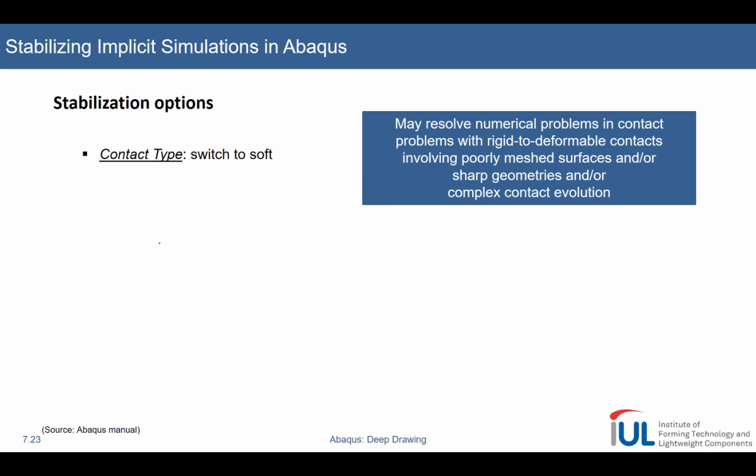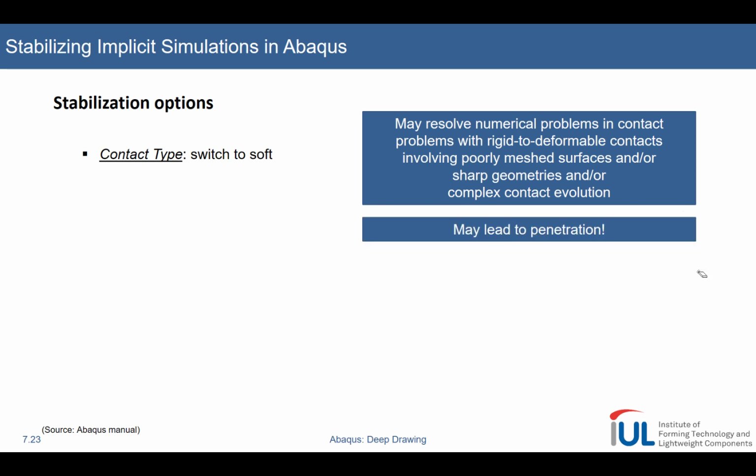But we've talked about this in our previous videos, and I think I've also mentioned if you have a very sharp edge, if this is your rigid body and this is your workpiece, such a sharp object penetrating into your workpiece might also be very challenging for your hard contact definition. So, as we talked about, it may lead to penetration.